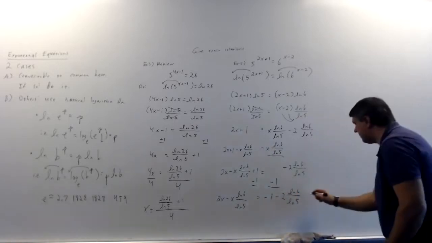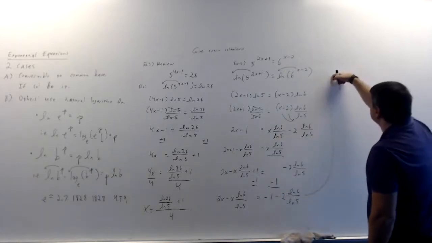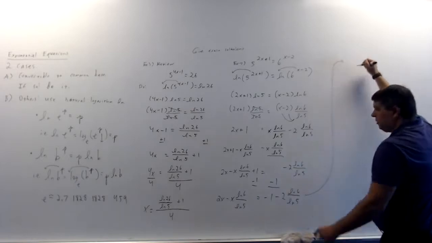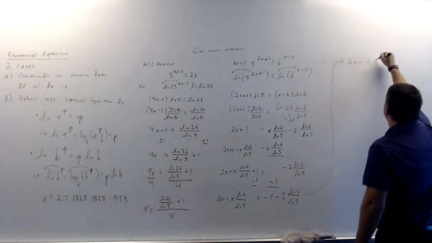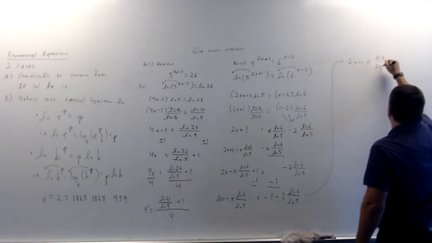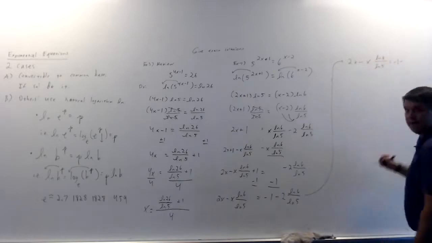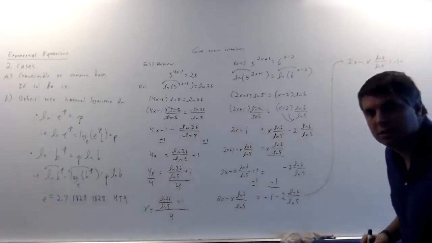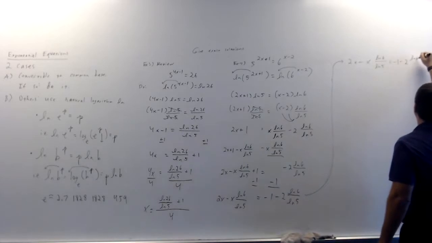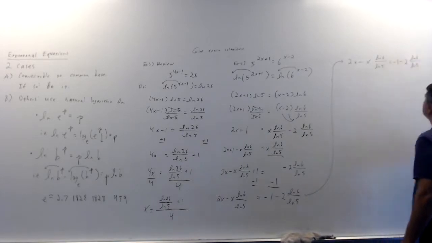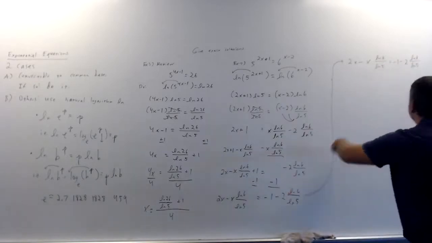Okay, I'm going to copy this over here as is. Okay, so 2x minus x natural log of 6 over natural log of 5 equals negative 1 minus, now make sure everything fits, 2 natural log of 6 over the natural log of 5. Okay, all I did was copy what's here, here.